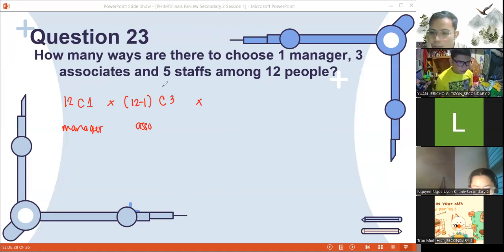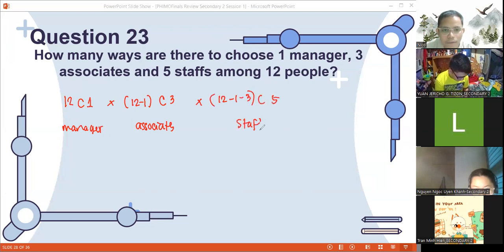If it was x minus 1, y minus 1, it's still, you need to have minus 1 on the left and minus 1 on the right. Okay, for associate. And then this one is 12 minus 1 minus 3, 8, you choose 5, for staff.